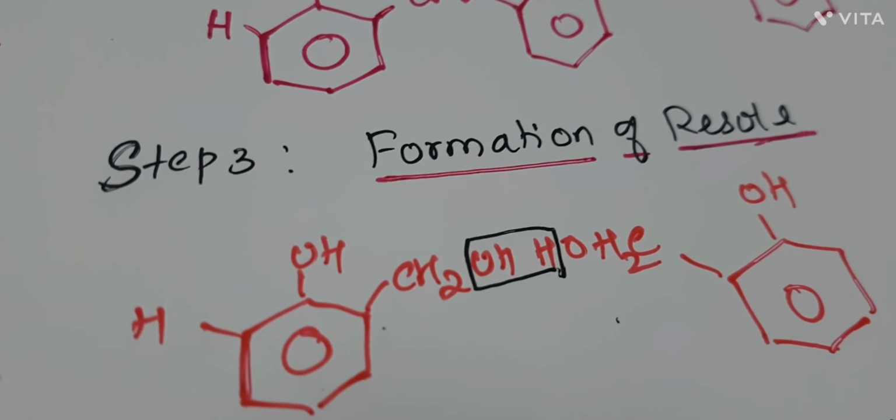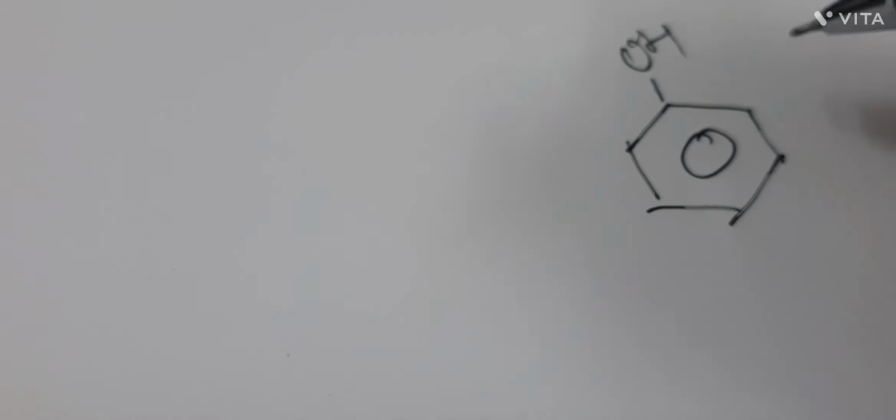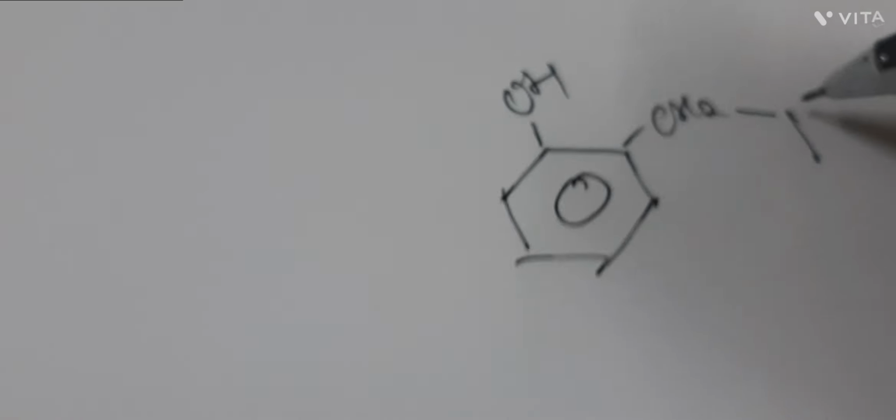The final step, that is formation of bakelite, will be resol and novolac combined at high temperature and pressure to form the bakelite. So how can we do the bakelite structure? So phenol should be written. Okay, so in between the phenols there will be a CH2 group.